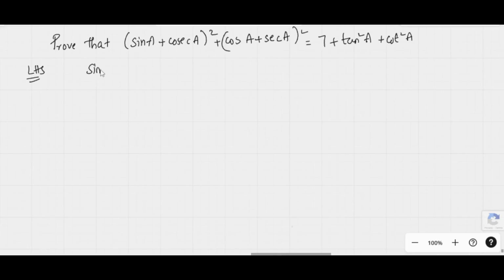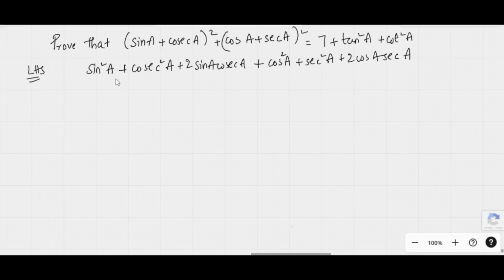So sine square A, that is a square plus b square plus 2ab, 2 sin A cosecant A, plus, again in the form of a square plus b square, cos square A plus secant square A plus 2 cos A secant A. So this is what I got. Now see, sin square A plus cos square A, this is 1, right?